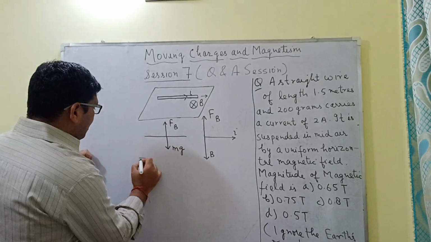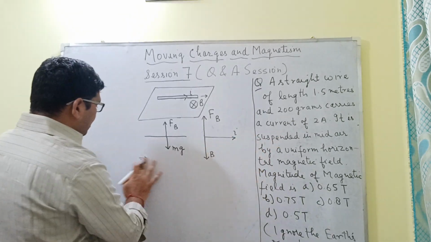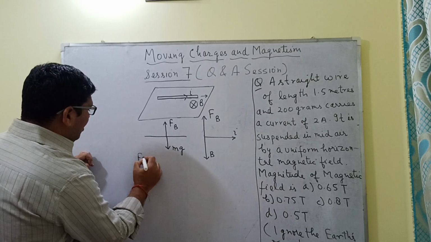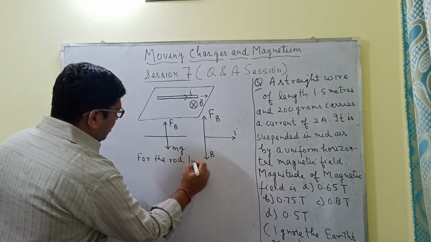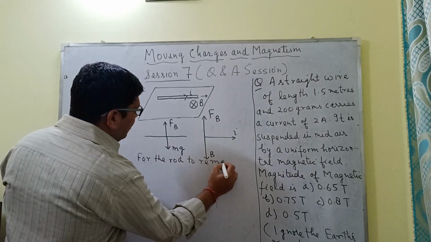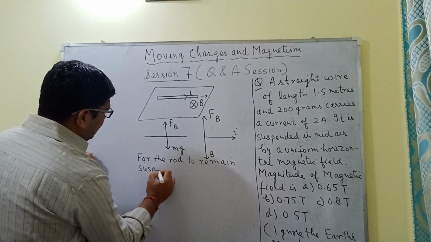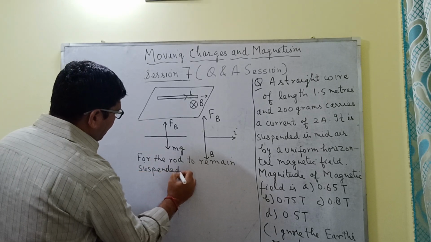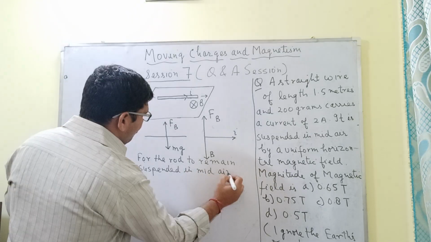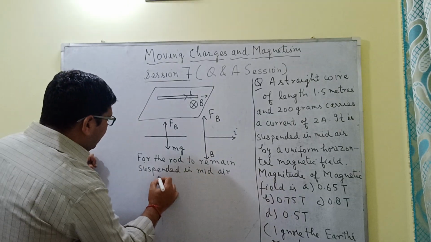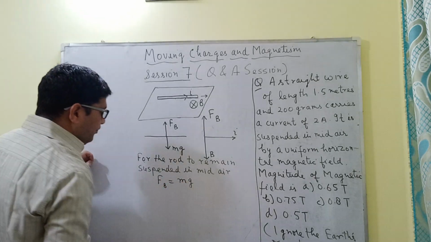So it implies that for the rod to remain suspended in midair, FB should be equal to the weight of the rod.